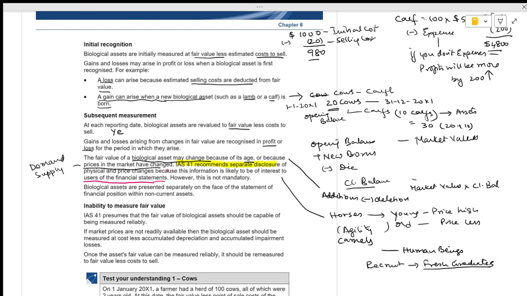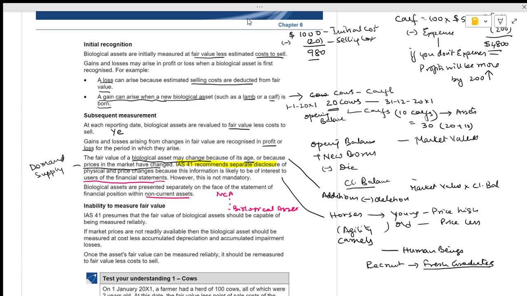However, this is not mandatory. This is not that specific. Biological assets are presented separately in the financial position within non-current assets. One of the non-current assets will be the biological assets.